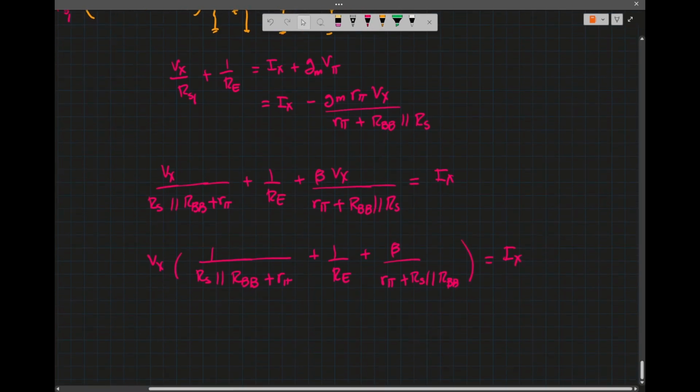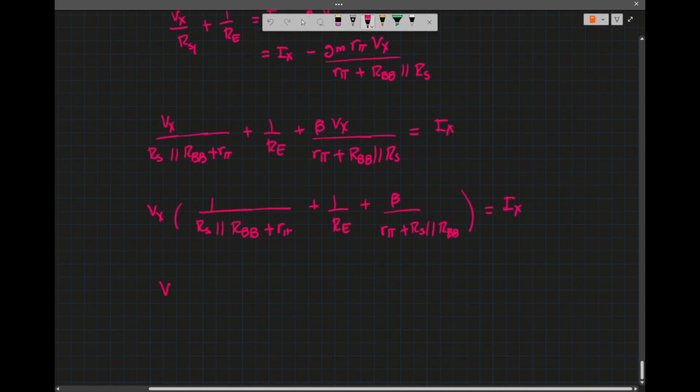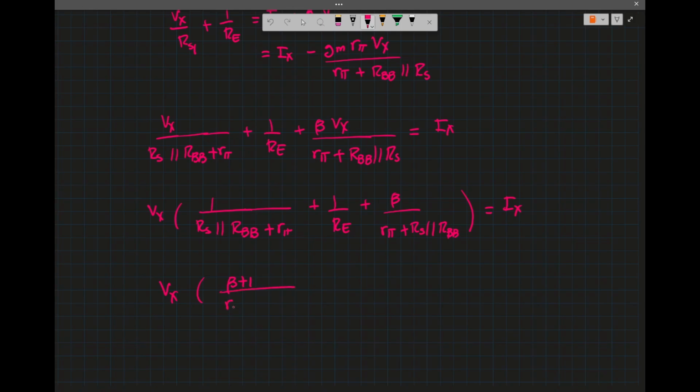This is not that bad. So we have Vx times (beta plus 1) divided by RS parallel RBB plus R pi, plus 1 over RE, equal to Ix.